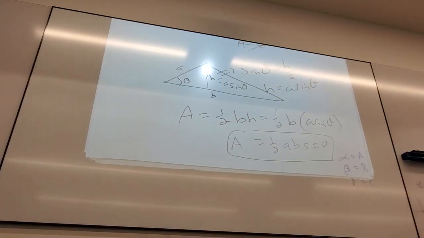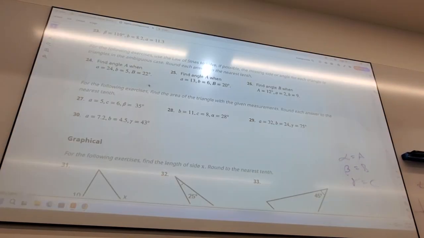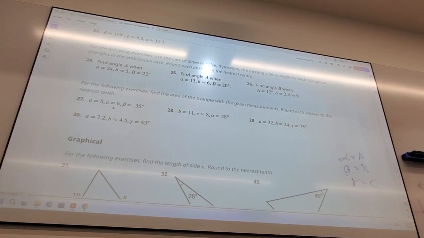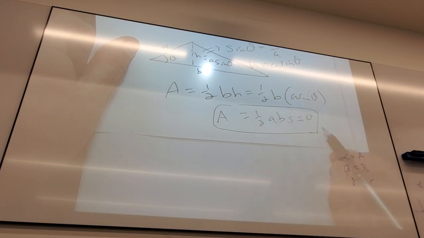It's just a quick little side note, and then when you get a problem, it does just become plug and chug. So like on number 27, beta is the angle between A and C. So then you have to just throw that stuff in there, right? Just be really careful. We're better than this, so like, that's the general formula.